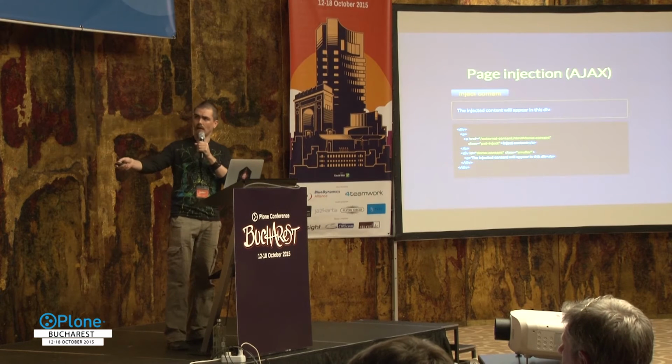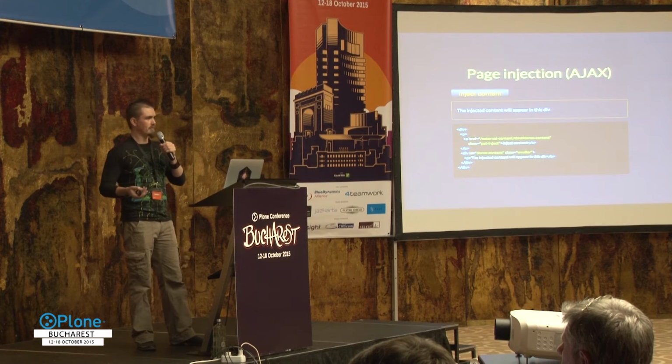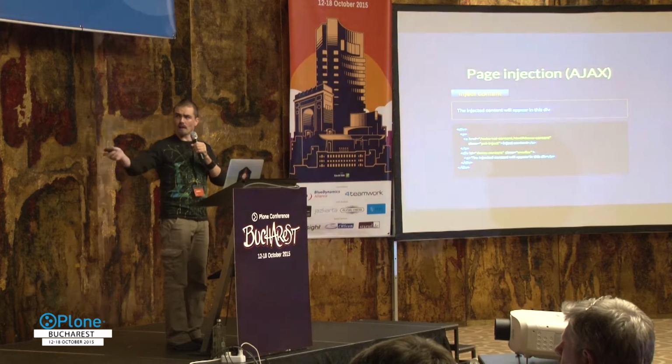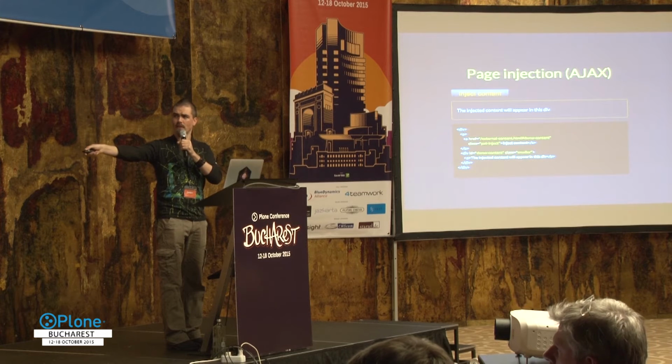If I click on that button, it will fetch through XML HTTP request some external content and put it inside this div. Sorry, it's not a button, it's a link that's meant to look like a button. It has class patternJect, and it has an href.